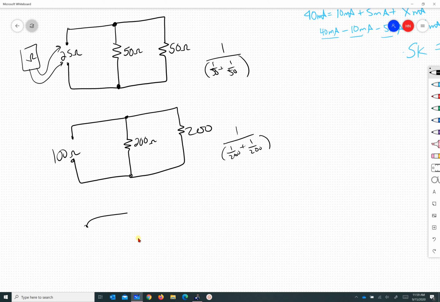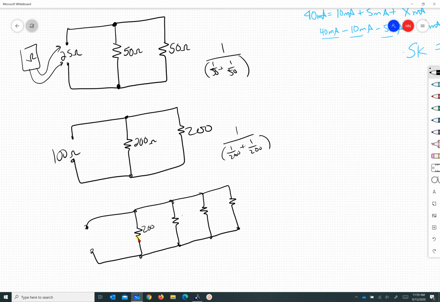Also, if you have 3 or 4 or 5 or however many, if they are the same, let's say each one is 200, 200, 200, and 200, it works out that it's just the resistance divided by however many there are. In this case there are 1, 2, 3, 4, so 200 divided by 4. And I believe that is 50, right? So the total is going to be 50 ohms.